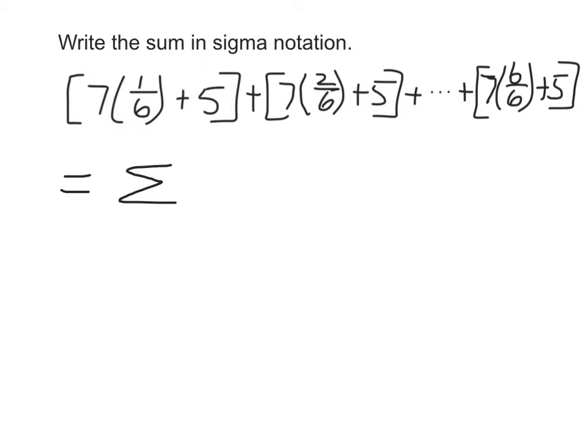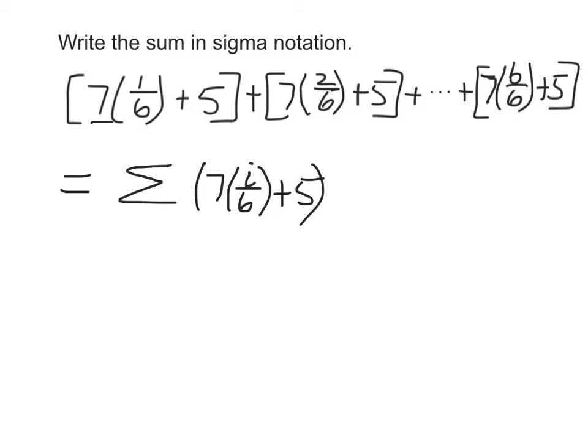Well, our expression we're applying the sigma to would be what? 7 times i over 6 plus 5. It starts at 1 and ends at 6.